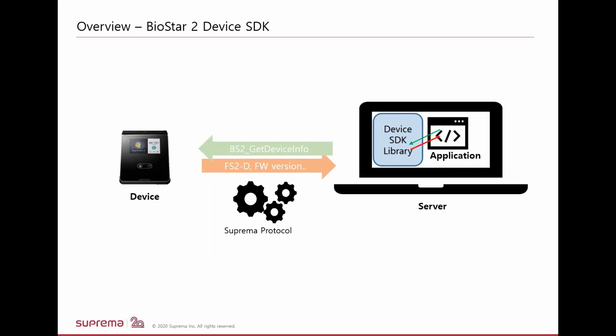With this command, the device passes the necessary information to the system. So the Device SDK provides a collection of these APIs, which are commands, as a library file, like a .dll file or .so file, which is used in both Windows and Ubuntu Linux environments.